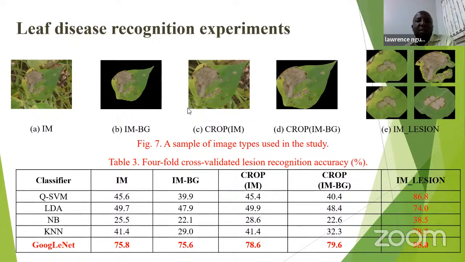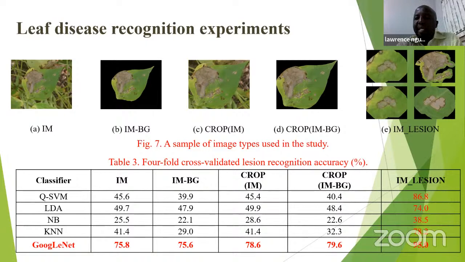Or you could instead cut out the rest of the image and only retain the part of the image that contains the leaf. So this is what we refer to as cropping the image tightly around the infected leaf or target leaf. Then in D, you can do both, remove the background and crop the image tightly around the leaf.